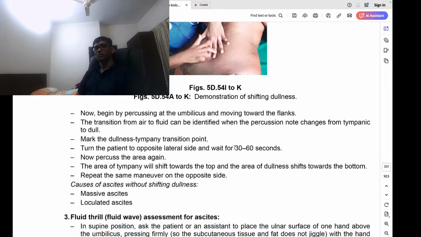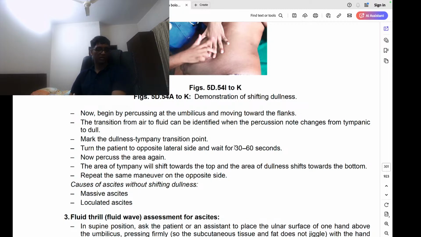The transition from air to fluid can be identified when the note changes to dull. Mark the dullness-tympany transition point. Turn the patient to the opposite lateral side and wait for half a minute to 1 minute. Now percuss the area again. The area of tympany will shift towards the top of the area of dullness, towards the opposite lateral side.